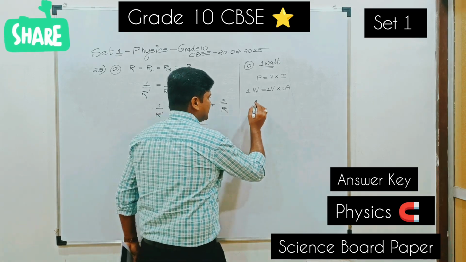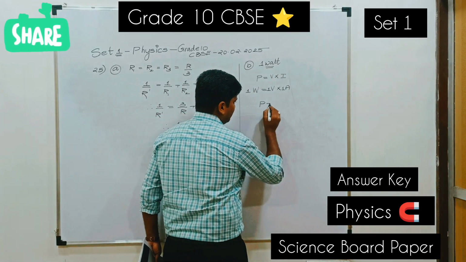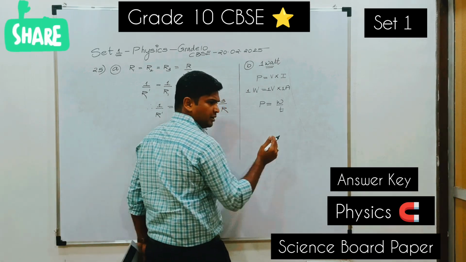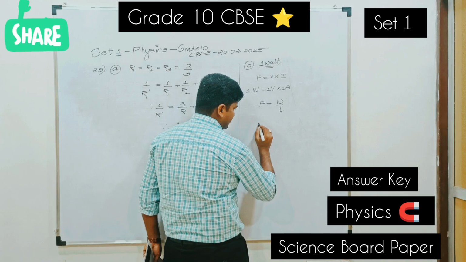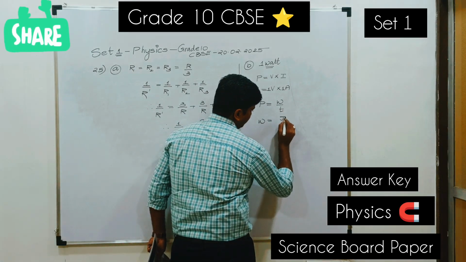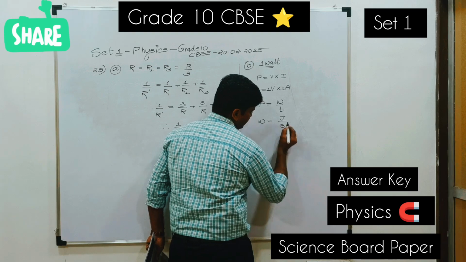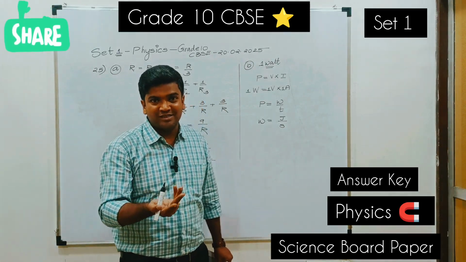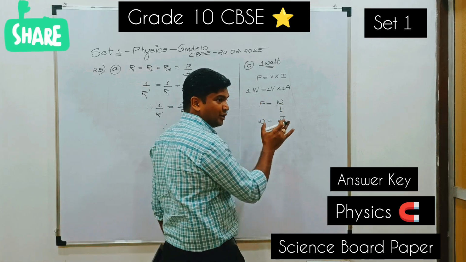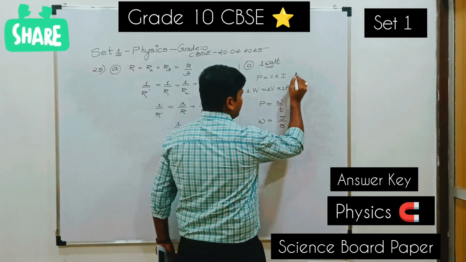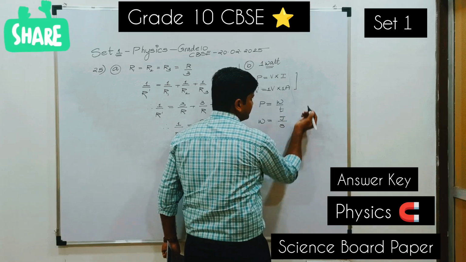Some of you must have written the very original one, power is equal to work by time. No problem. So their power is given by watt. This work is joule, but time is second. किसी किसी ने ये भी लिखा रहेगा, but honestly speaking children, it's given electric power. Electric power पूछा है 1 watt. So first preference will be given to this.